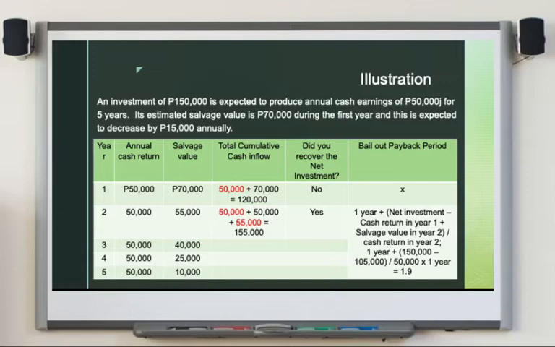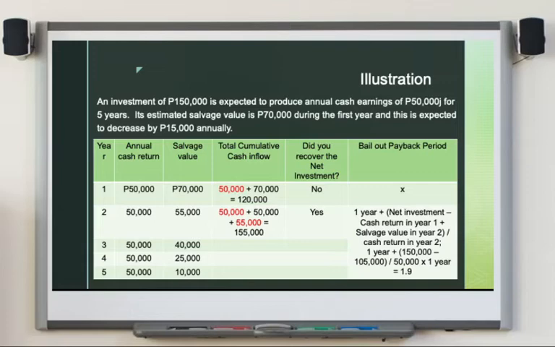So moving to the second year, we will be receiving another 50,000 as cash return or cash inflow. However, the salvage value has decreased by 15,000, and therefore the remaining amount is only 55,000. Should we decide to stop during the second year, the total cumulative cash inflow is 50,000 from the first year, another 50,000 for the second year, and the possible salvage value of 55,000.